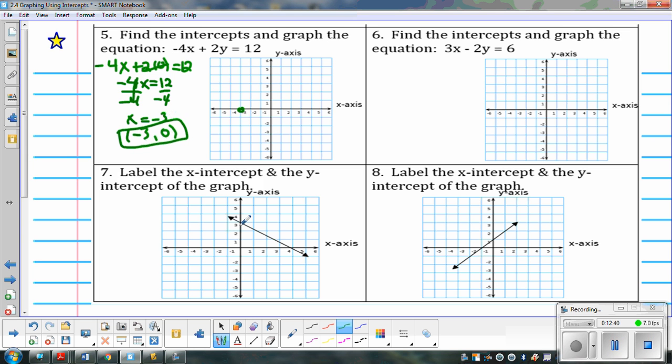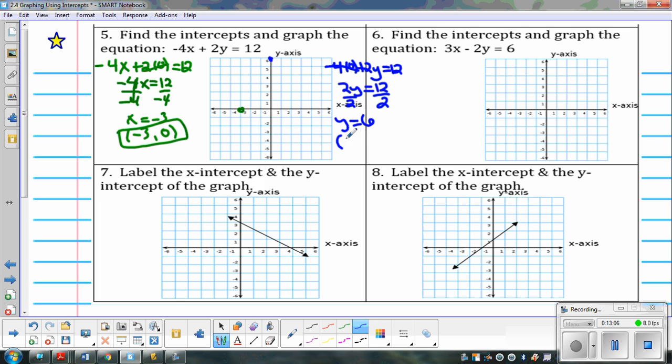We are halfway done. So now, let's find where the graph intersects or cuts through the y-line. I'm going to take the same equation. This time, I'm going to make the x 0 and keep the y. So now we have 2y equals 12. If we divide both sides by 2, we will see that y equals 6.